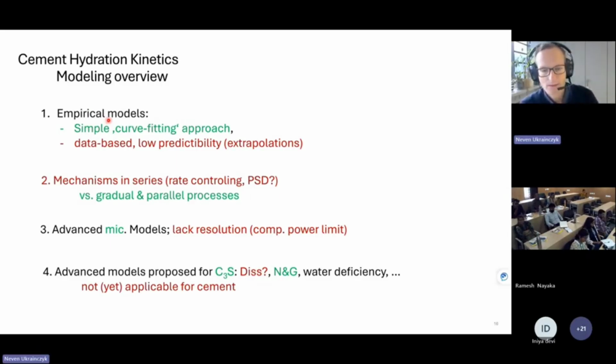But of course, if the fundamental models are too complex or valid only for simple systems, then you should use empirical models, this engineering approach. But you should be aware that this is a curve fitting approach and you don't have extrapolation ability. Actually, this is true for all machine learning models.